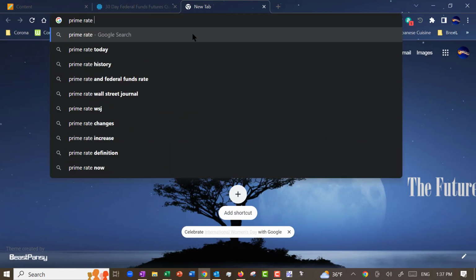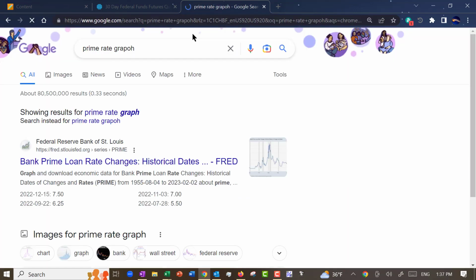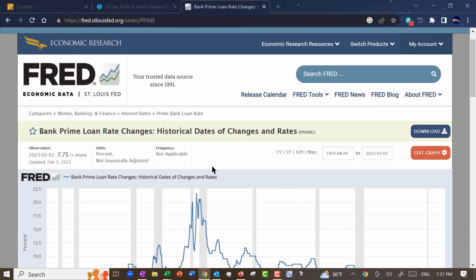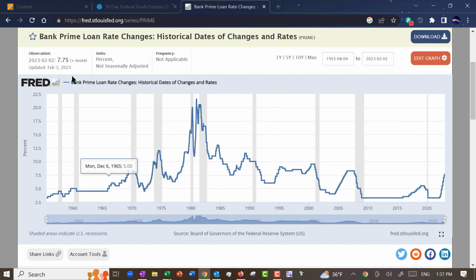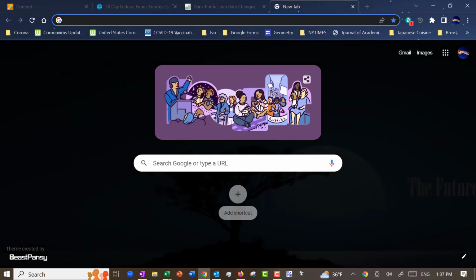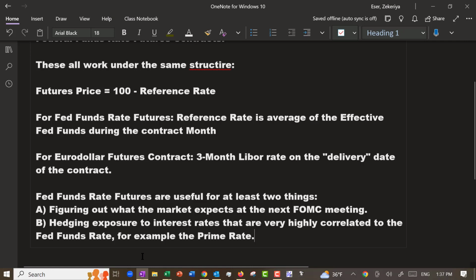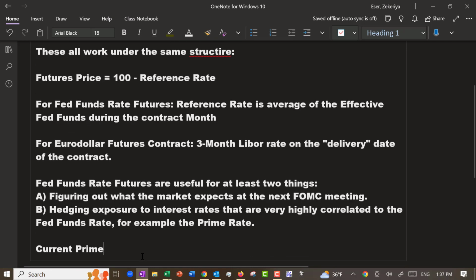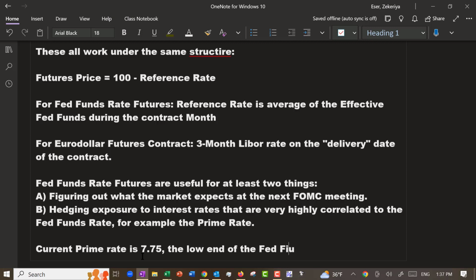For example, the prime rate graph. Currently it's 7.75, and the low end of the Fed funds rate target is 4.50.